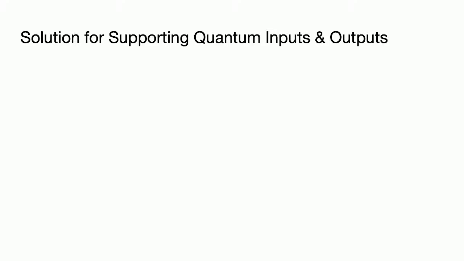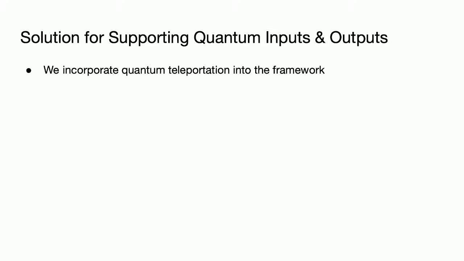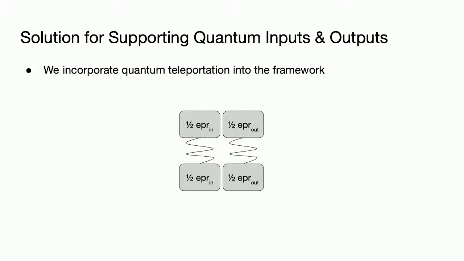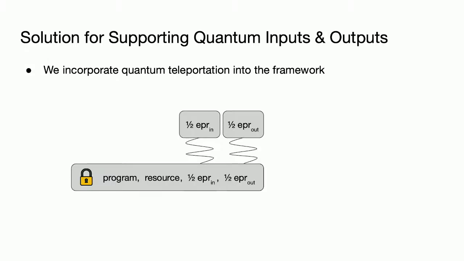So our solution to this is to incorporate quantum teleportation into the framework. To explain, we will let the obfuscator additionally prepare EPR pairs for the input and EPR pairs for the output, authenticate half of the EPR pairs along with the program and resource, and the obfuscated program will now also contain all these states. So later on during the evaluation, the evaluator can take its quantum input and perform quantum teleportation of its input using the half EPR pairs for the input.